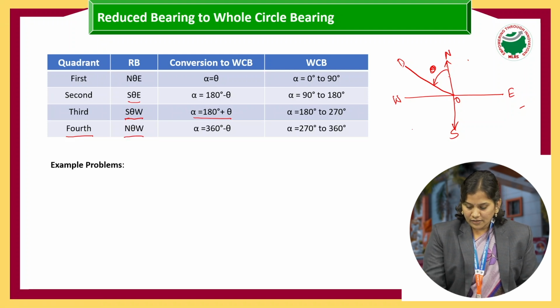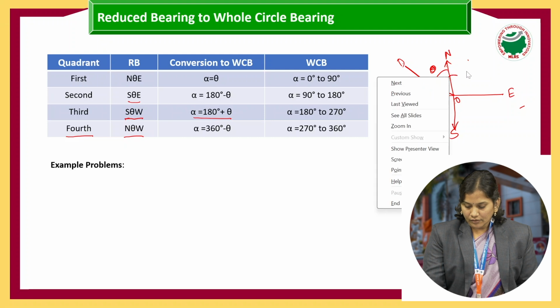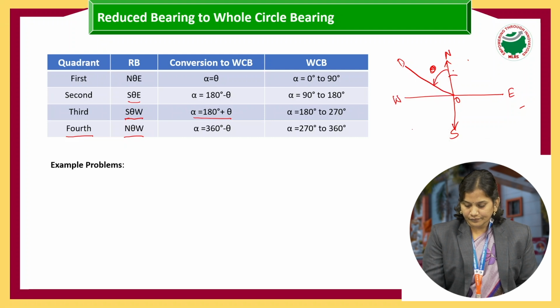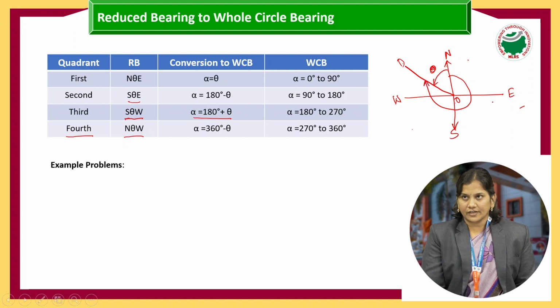In the whole circle bearing system, how are we going to measure? From north towards the survey line in clockwise direction. So this is alpha and theta.